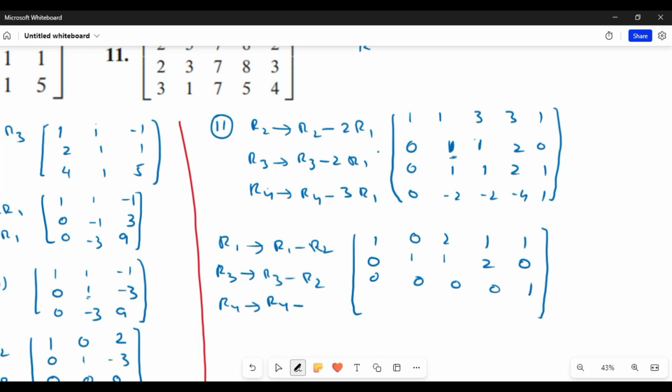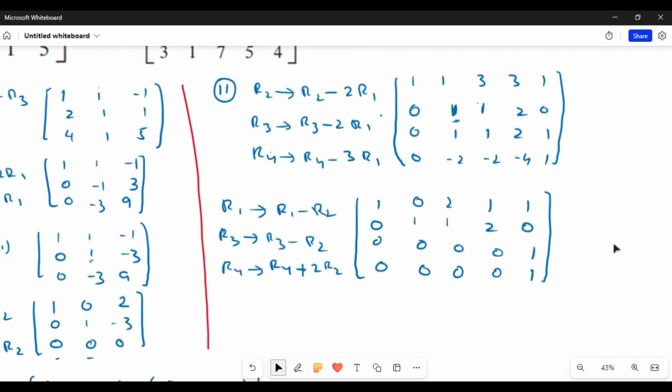That will be 0, 0, minus 2 plus 2 again 0, 4 minus 4 plus 4 will be 0, 1 plus 0 will be 1. So the last two rows are identical, one of them can be 0.